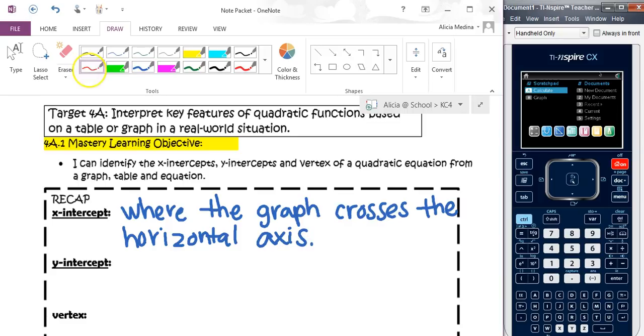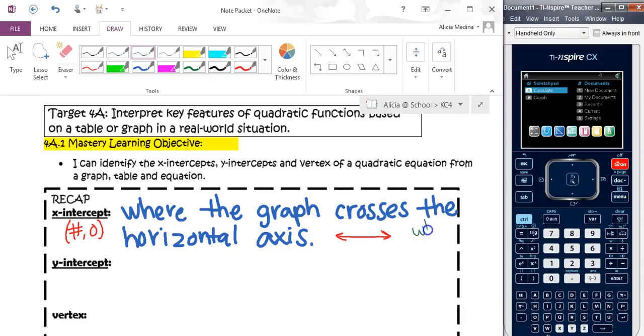A couple things to remember there. Horizontal is the axis that is going left to right. Okay? And our x-intercepts are typically written as a number, comma, 0, right? This is wherever y is equal to 0.